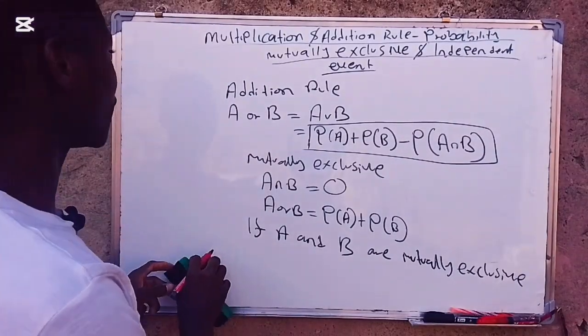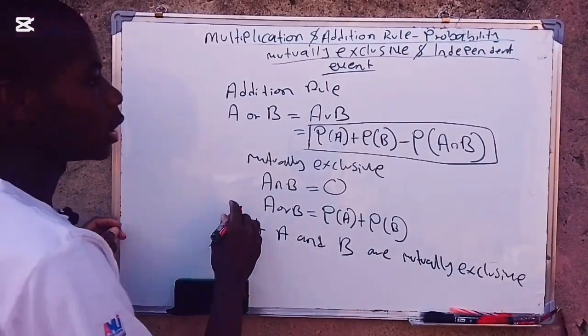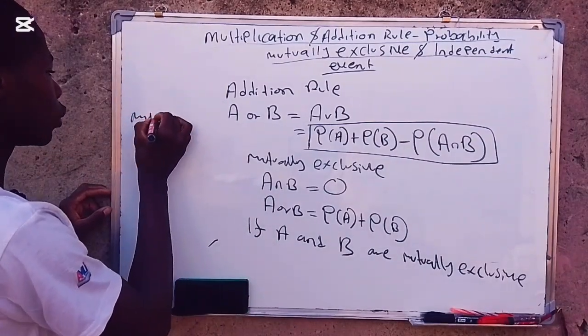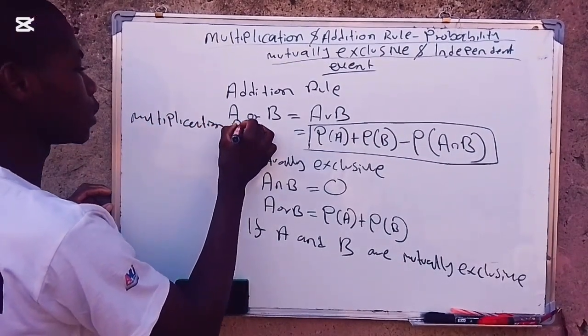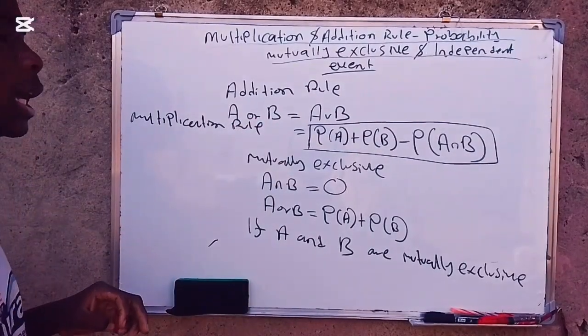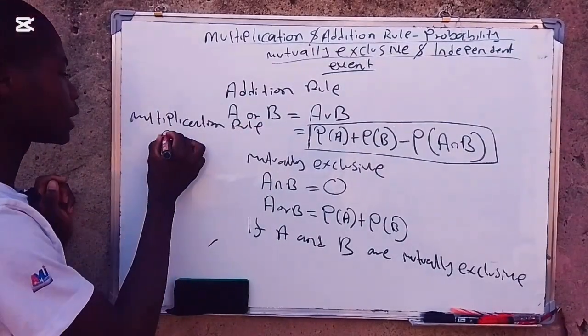So if we take a look at multiplication, let's say we have the multiplication rule. In multiplication, let me talk about conditional probability.